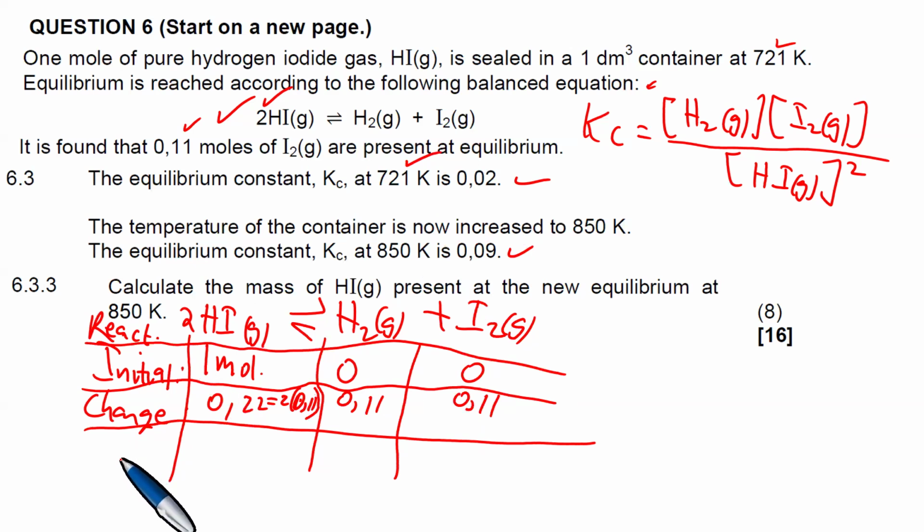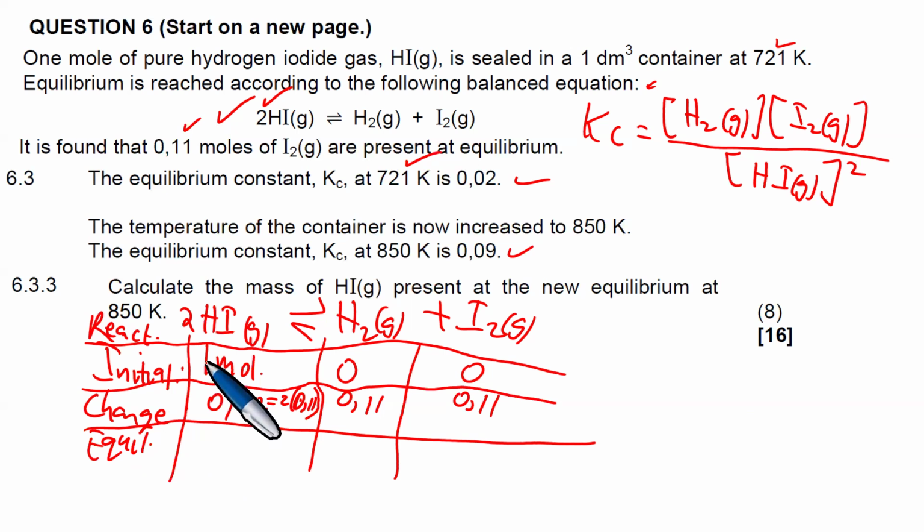Now, let's look at what happens at equilibrium. What were the amounts at equilibrium? We saw that initially there was one.